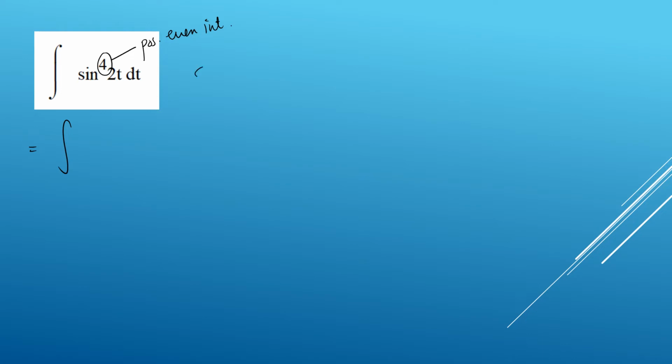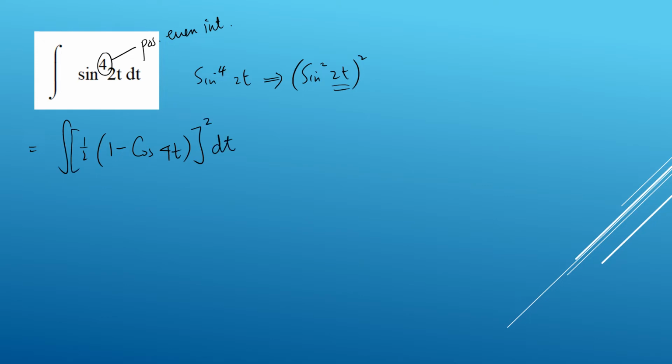Sine raised to 4 of 2t is the same as sine squared 2t squared. So for sine squared, it will be 1/2 quantity 1 minus cosine of twice the angle 4t. But everything raised to the power of 2 dt.